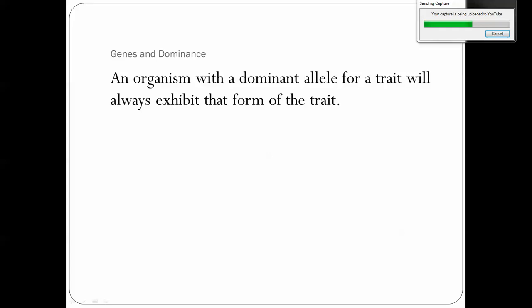An organism with a dominant allele for a trait will always exhibit that form of the trait, which I just said. If we have the allele for being tall, we're going to be tall. Or in pea plants, if they have that allele for being tall, they're going to be tall. It doesn't matter if they have one tall, one short, or two talls, they're always going to be tall.